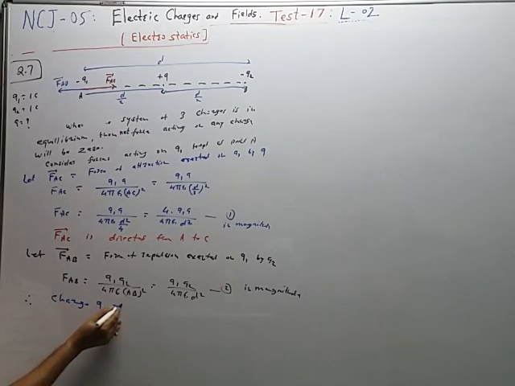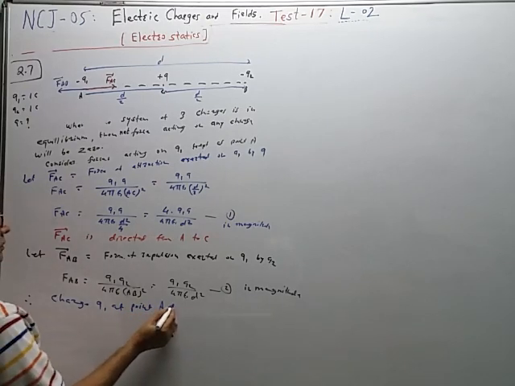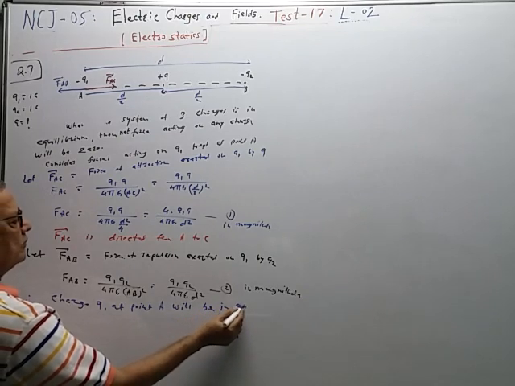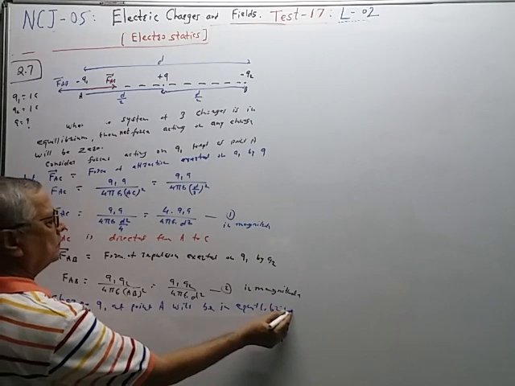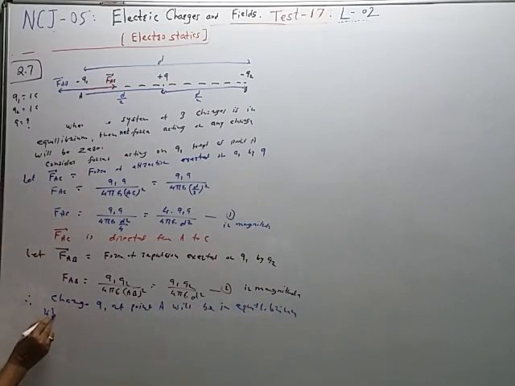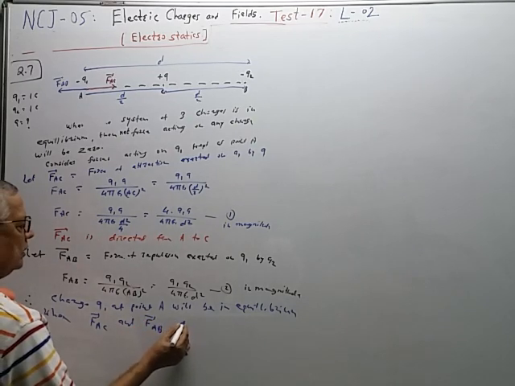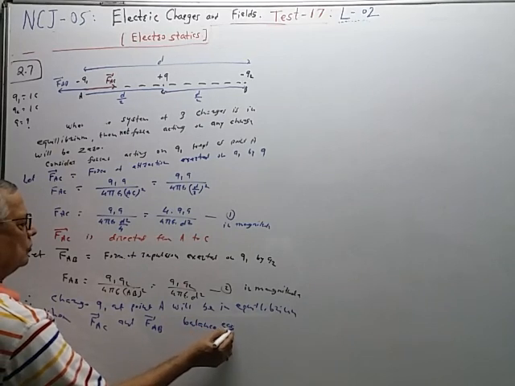Charge Q1 at point A will be in equilibrium when FAC and FAB balance each other.